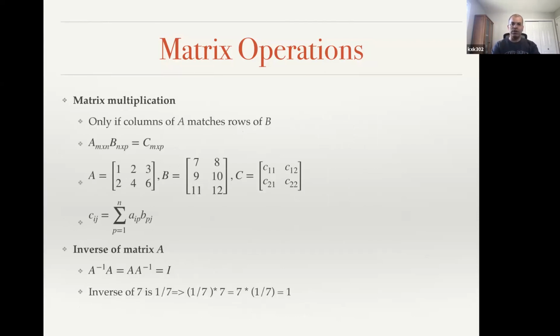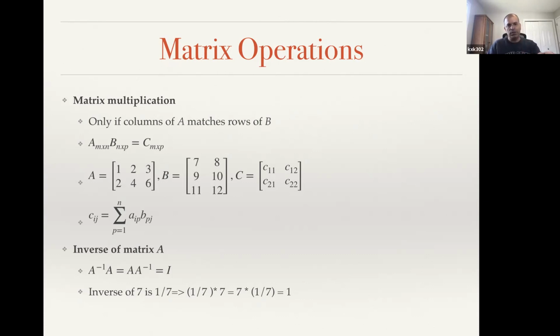There's also matrix multiplication. That's only allowed if, when multiplying A and B, the number of columns of A matches the number of rows of B. So if A is size m by n and B is size n by p, the result would be m by p.